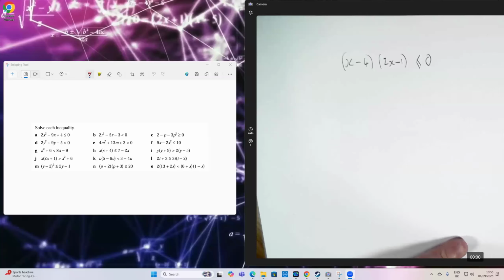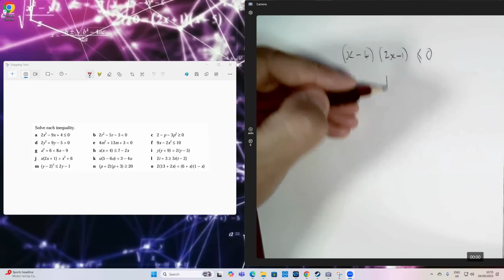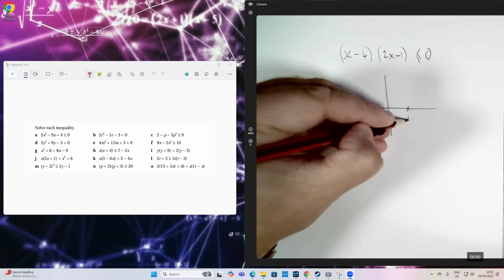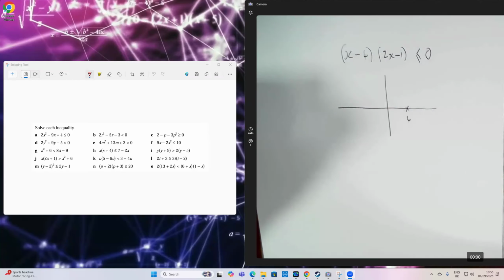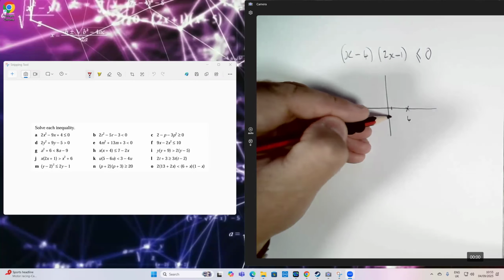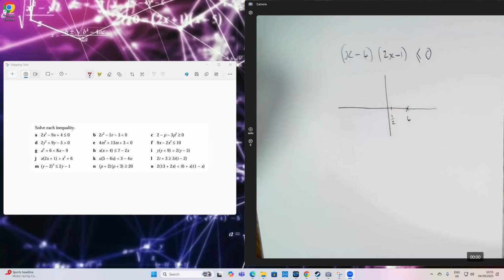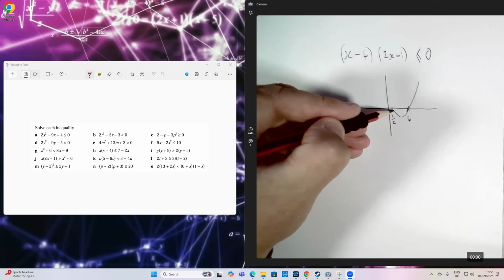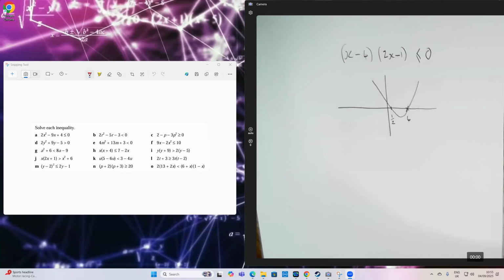Now, once we've factorized it, we're going to draw a sketch. We know that our solutions are x is equal to 4 or x is equal to a half. So if I put a half there, then you draw a quadratic with x equals 4 and x equals a half on, like that.